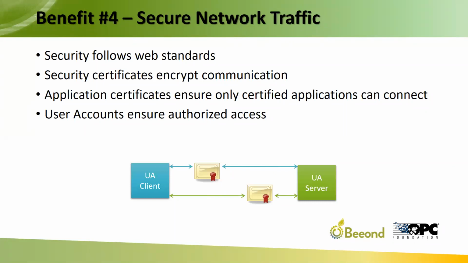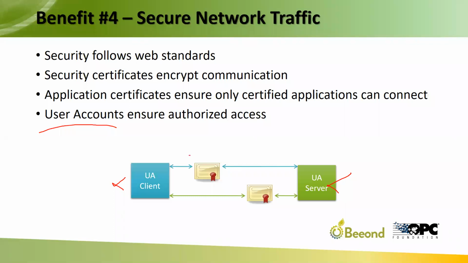But there are 2 important aspects. One is the authorization of the users, and the other one is the authentication of the system. So the 2 systems, like in this case a client and a server, in order for them to even establish a channel, have to exchange a trusted certificate, more or less like you see in the common web standards.